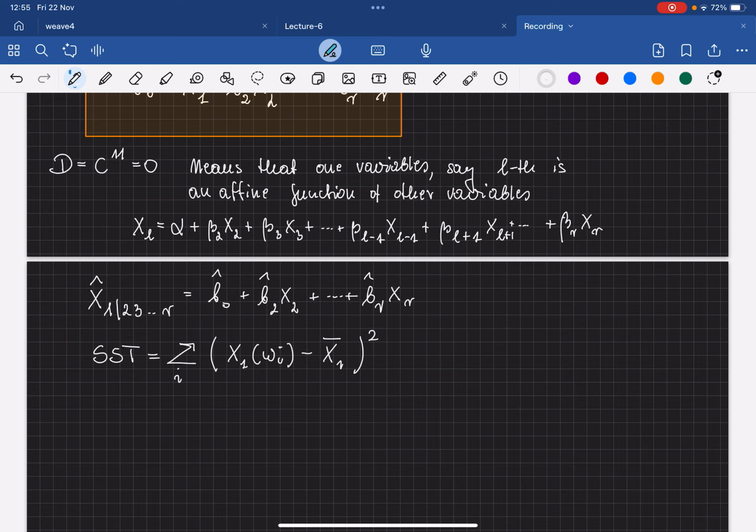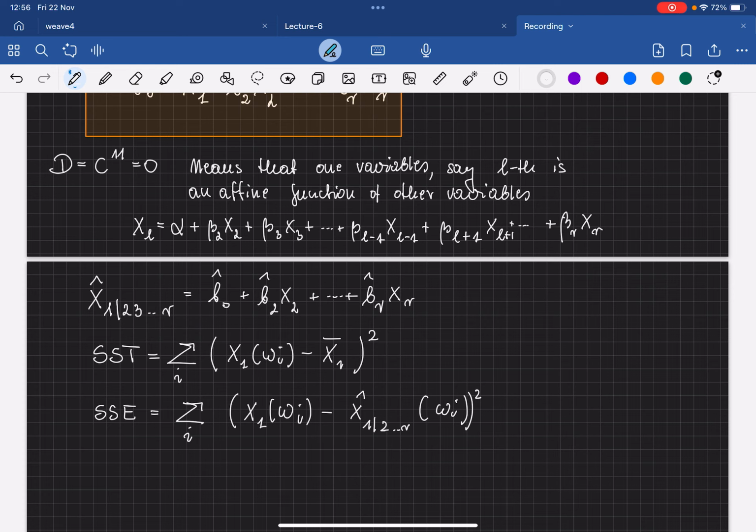Squared and summed. And the estimate of the error, so SSE, is the thing that we have just minimalized. So after being minimalized, it is a sum over all elements of the population of x1 of omega i minus the prediction calculated for the ith element of the sample, squared and summed.